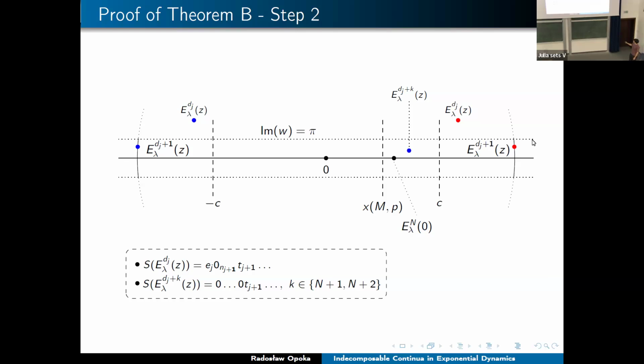We have to remember this n, and we simply modify our itinerary by adding n plus 1 or n plus 2 extra zeros to every block. So after wasting these n plus 1 or n plus 2 zeros, the itinerary without this EJ is again from sigma MP, for the same MP for which x was derived.